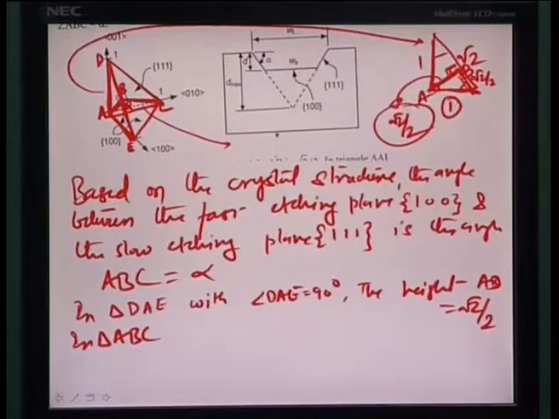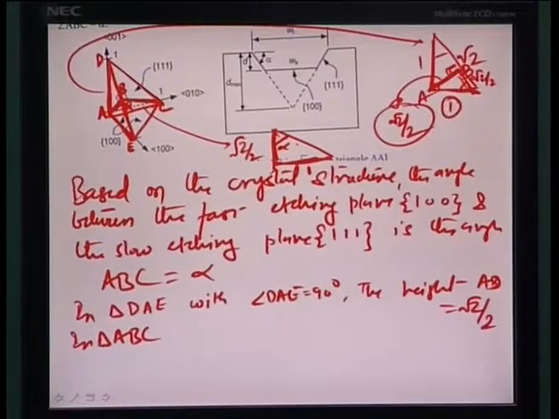You have one side which is root 2 by 2, another side which is 1. And essentially the angle between this side and this side is alpha, that is what this is about.